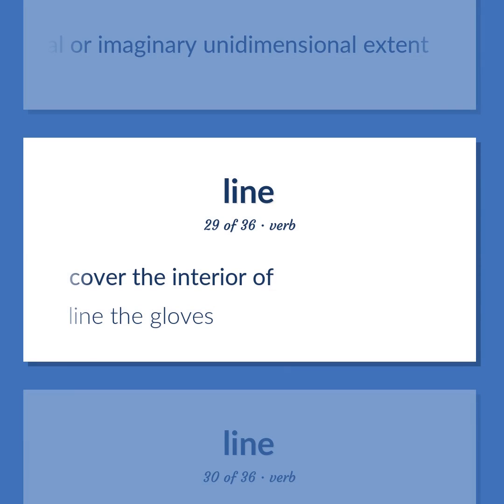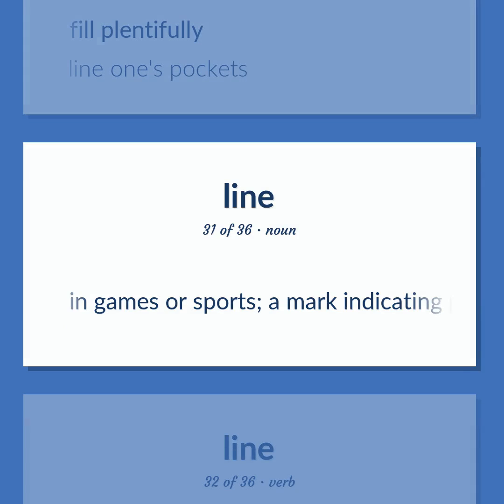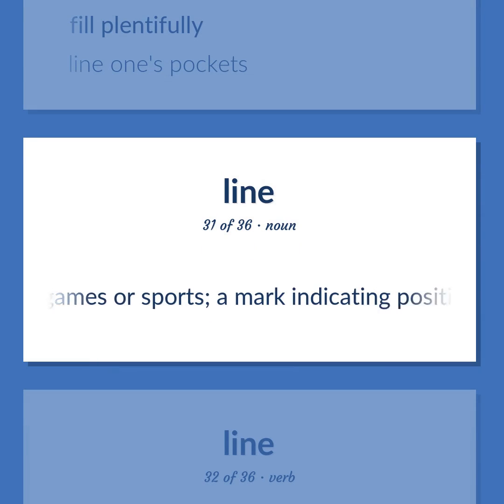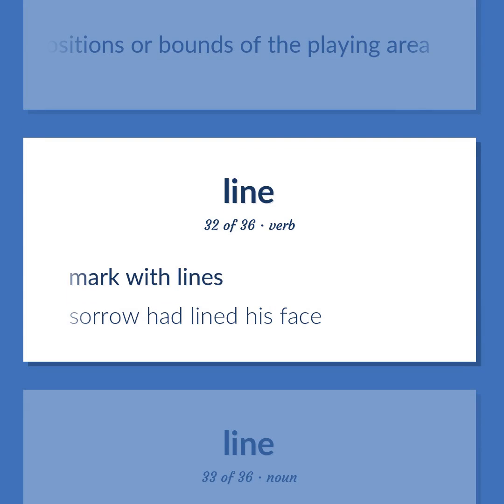Cover the interior of. Line the gloves. Fill plentifully. Line one's pockets. In games or sports, a mark indicating positions or bounds of the playing area. Mark with lines. Sorrow had lined his face.